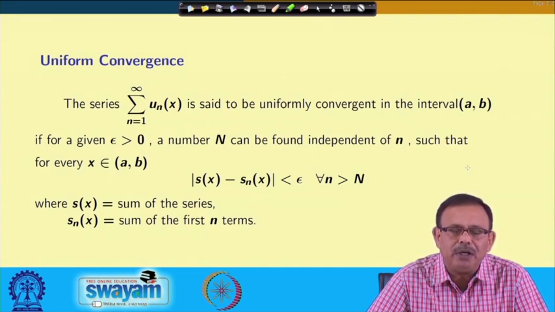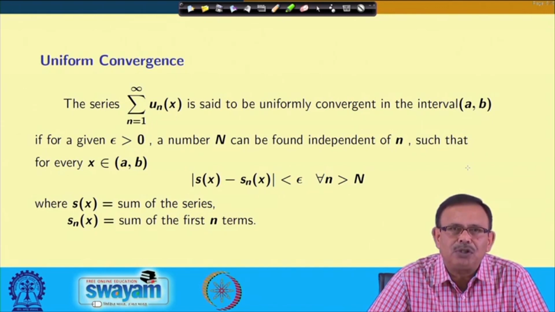The series summation n equals 1 to infinity u n x is said to be uniformly convergent in the interval a b if for a given epsilon, a very small number greater than 0, a number capital N can be determined, which is independent of small n, such that for any x you take in the interval a to b, the absolute value of s x minus s n x is less than epsilon for all n greater than capital N, where s x is the sum of the series and s n x is the sum of the first n terms of the series.